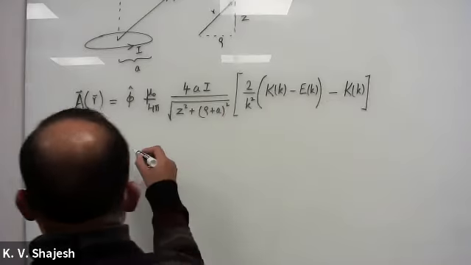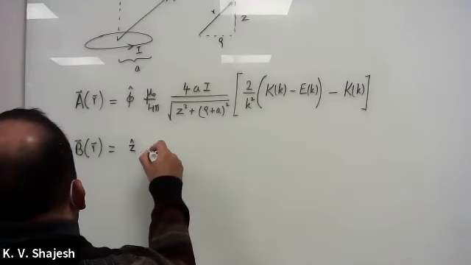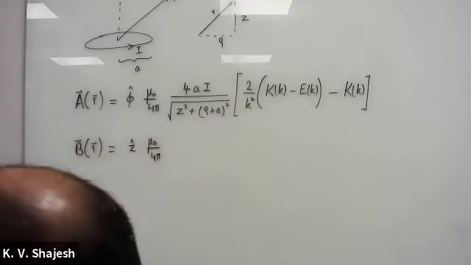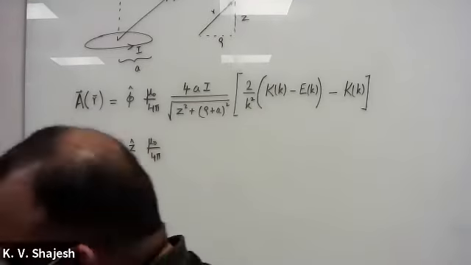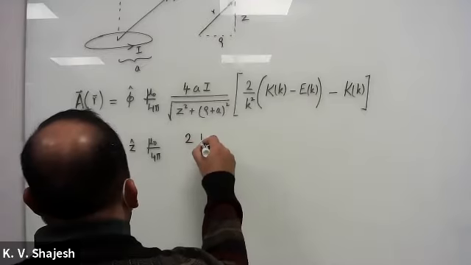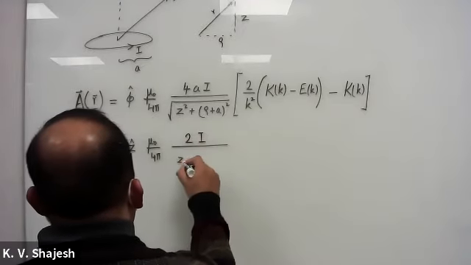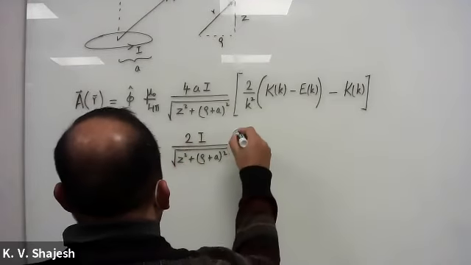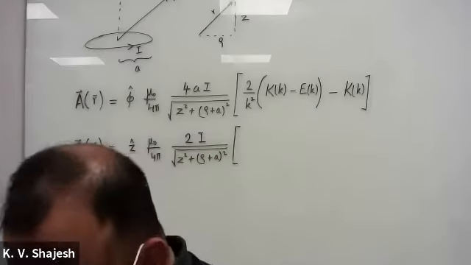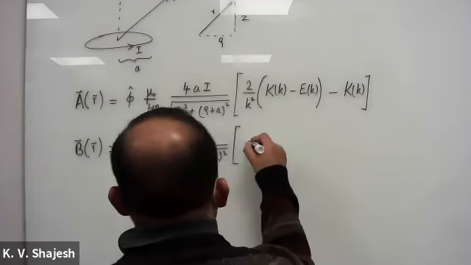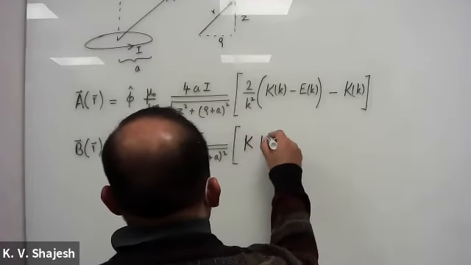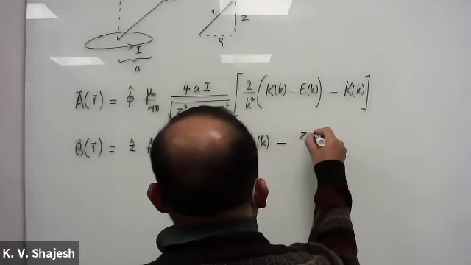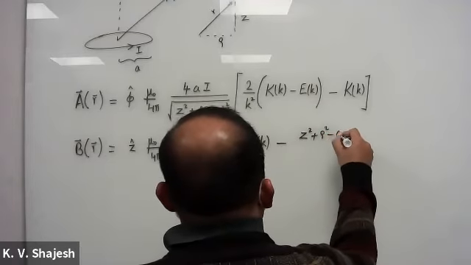And that's given in terms of a component in the z hat direction, and that is 2I, so this is 2 times I over z square plus rho plus a the whole square, and minus we had z square plus rho square minus a square.